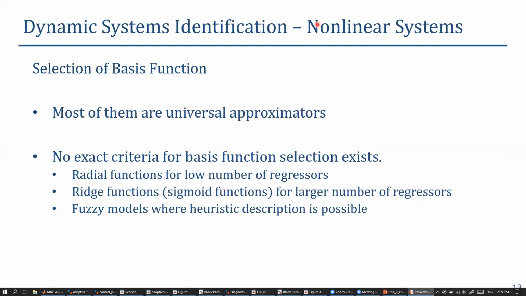And the fuzzy models are useful when we can explain the behavior of the system with linguistic rules: hot, cold, too high, too low, and stuff like that. We will see that later. Okay, is this clear?